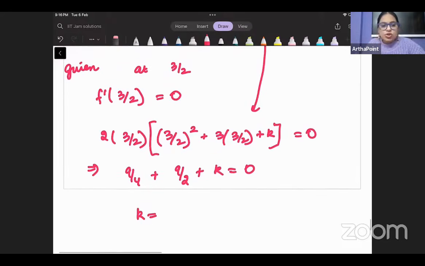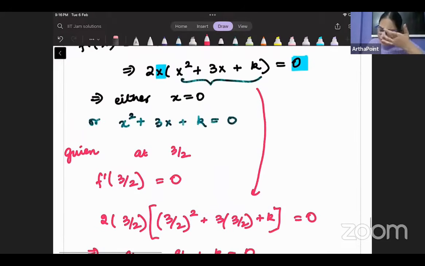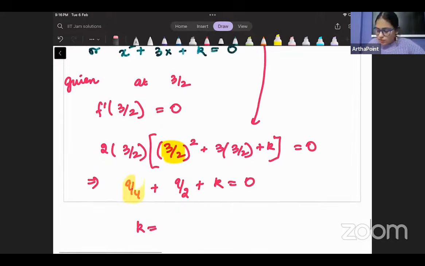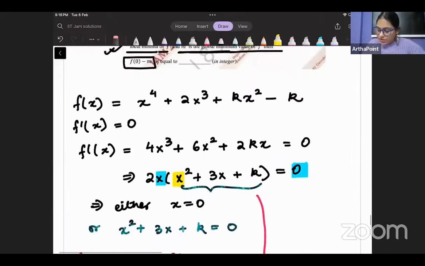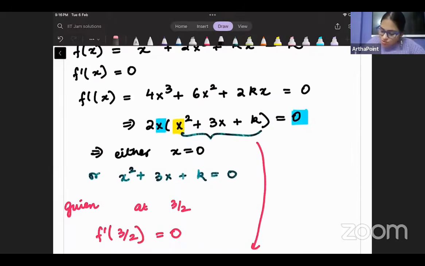Just see here. When I put it in this, instead of x I have plugged in 3 by 2. That is correct. So 3 by 2 whole square will be 9 by 4. Absolutely correct. Now you will go ahead and plug here. Oh, okay. I just missed out a 2 here.